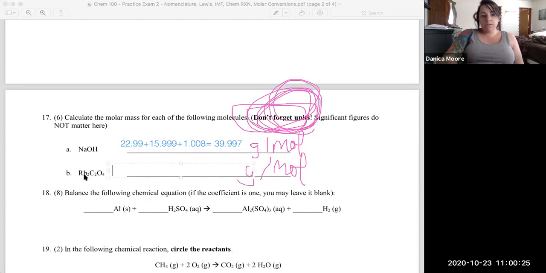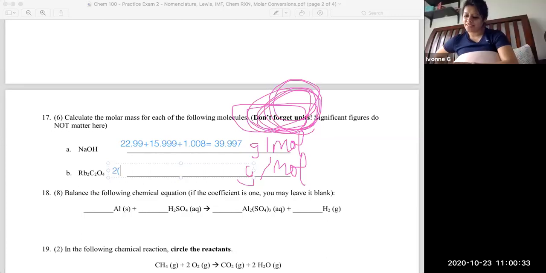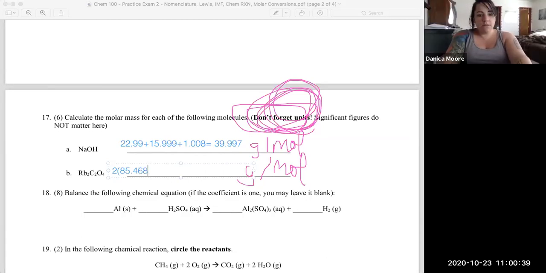All right. So Rb is 85.468, and we have two of those, so 170.936. And we have 2 carbons and 4 oxygens.